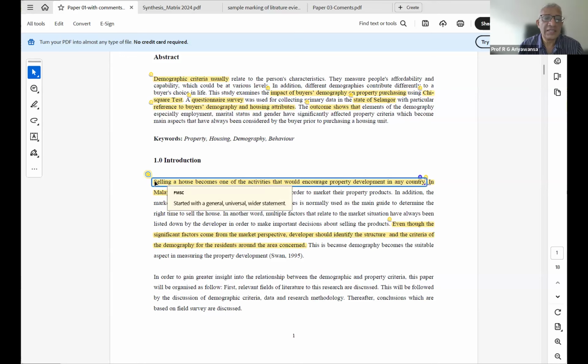Right, introduction. Selling a house becomes one of the activities that would encourage property development in any country. So what does this mean? Again, they start with a general, universal, wider statement, providing a justification, a broader context.